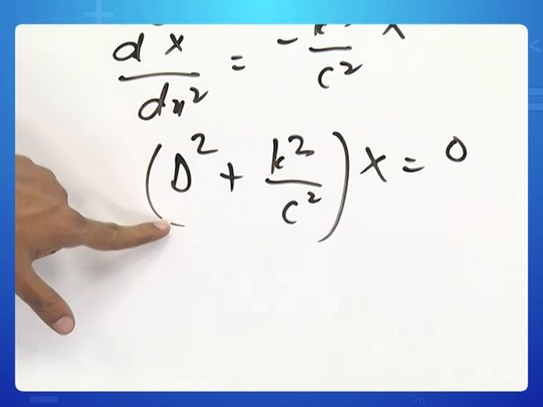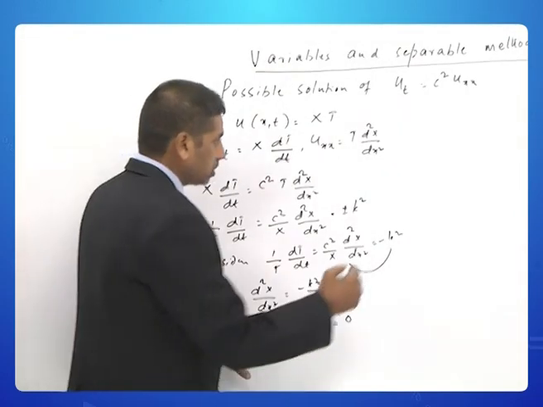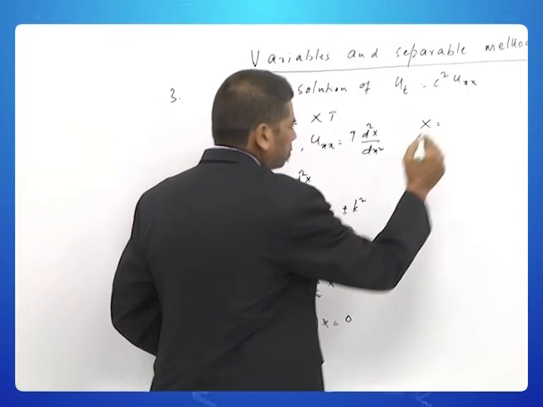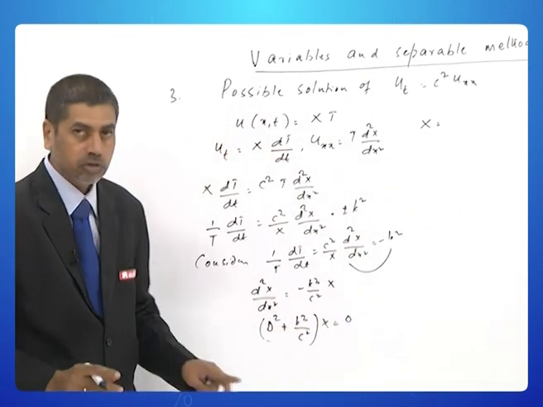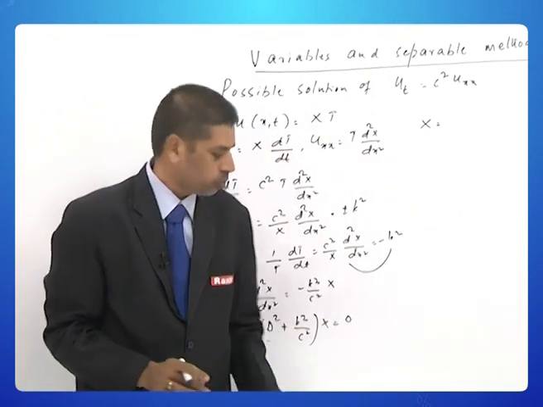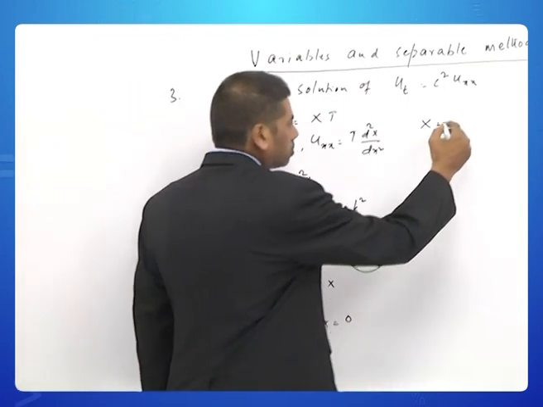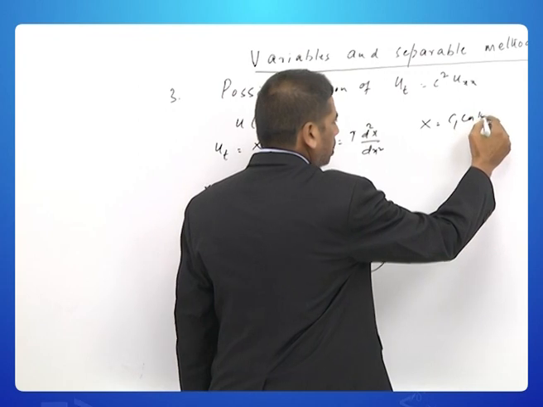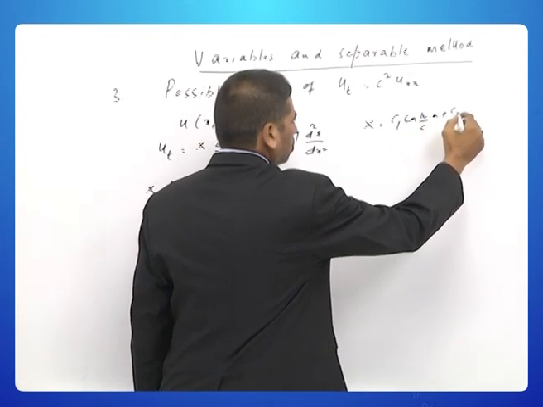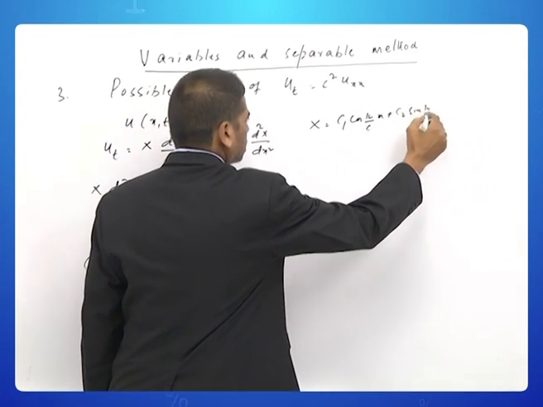And we all know from the theory of ordinary differential equations that the solution consists only of the complementary function, no particular integral, because it is homogeneous. So, X is equal to c1 cos (k/c)x plus c2 sin (k/c)x.